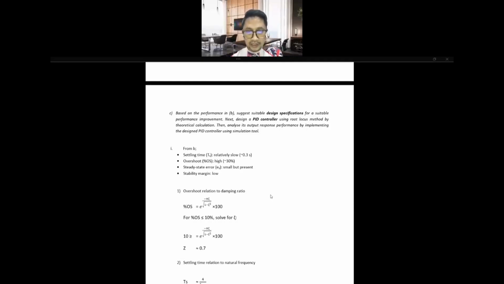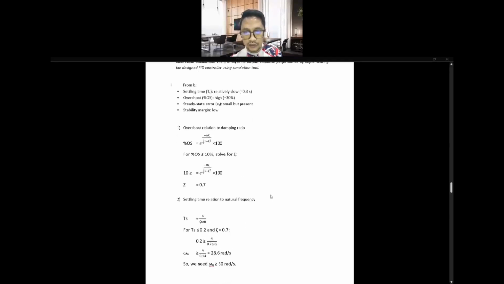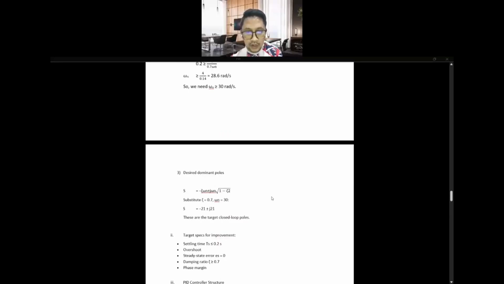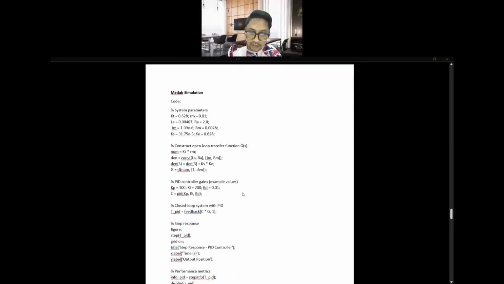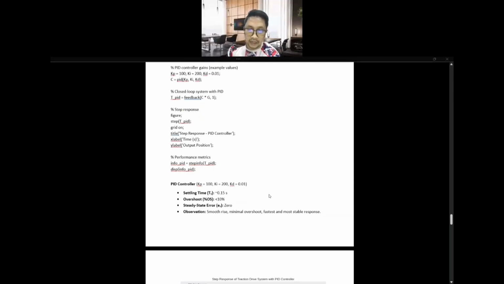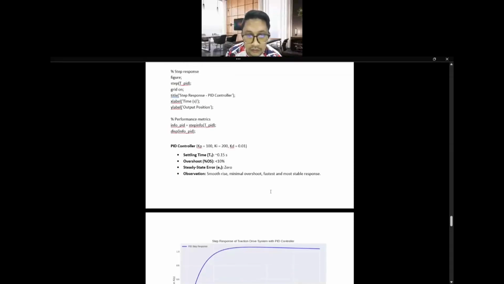Implementation: we modeled the PID controller in our simulation to observe the output response. And the result: the PID controller successfully eliminated the steady state error and allowed the slide table to reach its target position with much higher precision.